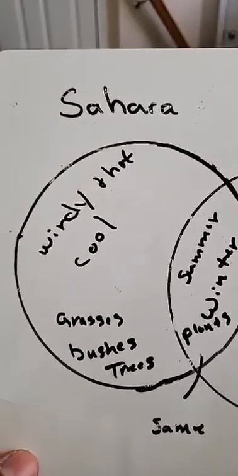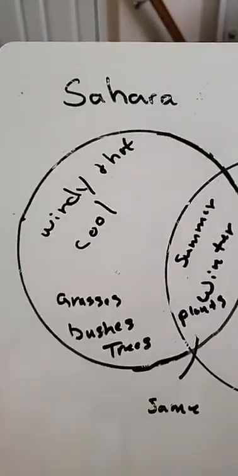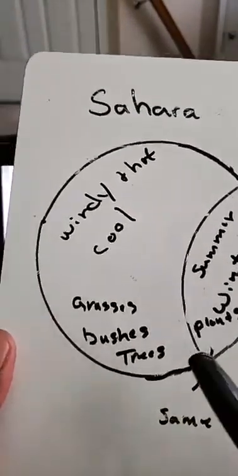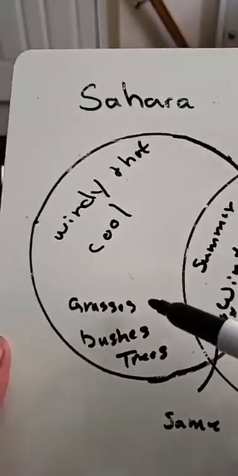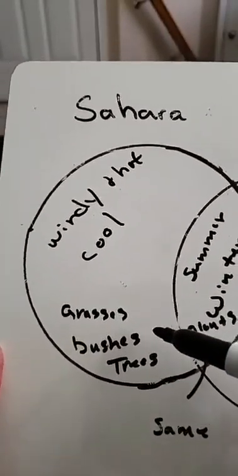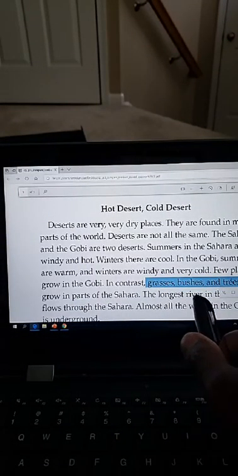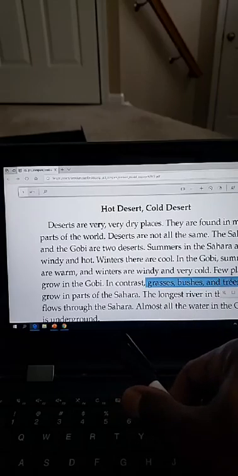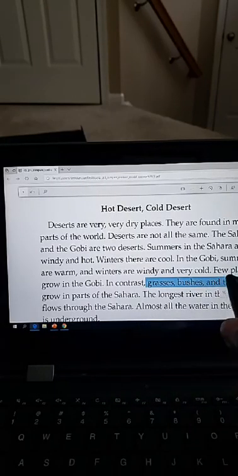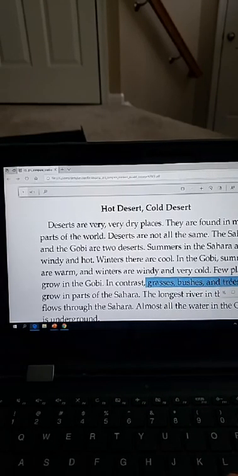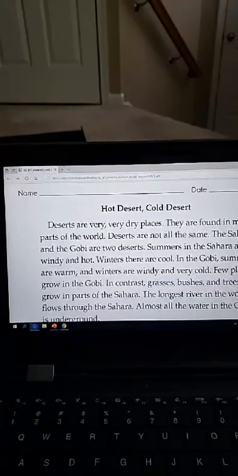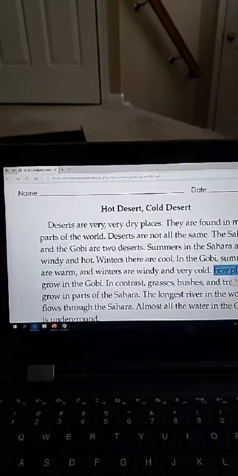On the side of the Sahara, the text said that the Sahara had grasses, bushes, and trees. And I know that in the Gobi, few plants grow.